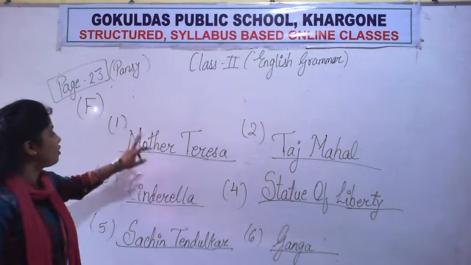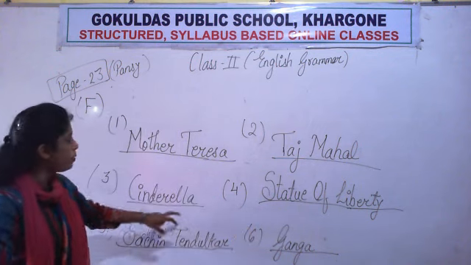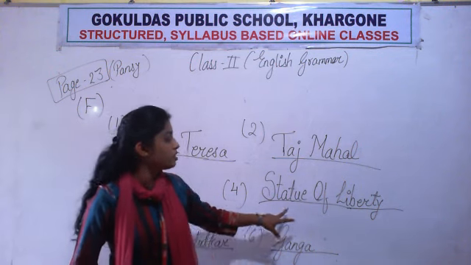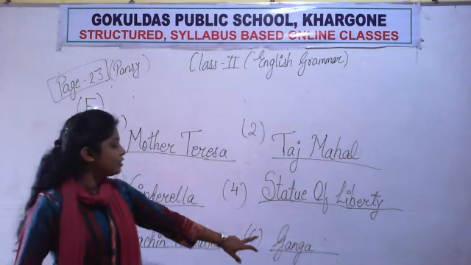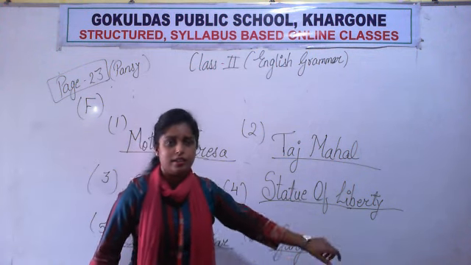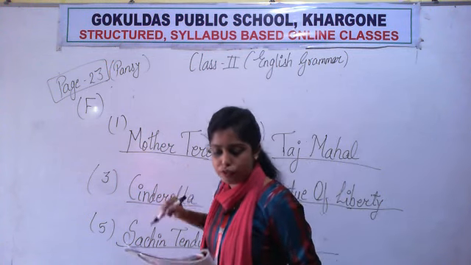ठीक है? So first one was Mother Teresa. Second is Taj Mahal. Third picture is of Cinderella. Fourth picture is of Statue of Liberty. Fifth is of Sachin Tendulkar and sixth is of the river Ganga. Okay, and you have to write all of it beginning with a capital letter. Don't forget to do that.